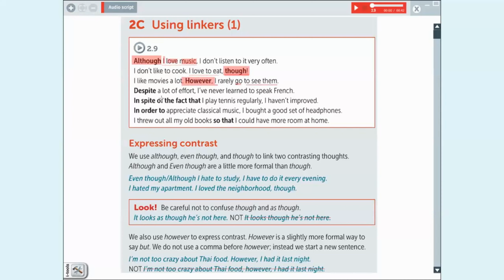This is not always like that. Despite doesn't have a clause. This has a noun, effort. In order to is not followed by a clause. It is followed by a verb. And so that, again, is used with a subject, verb, and then the complementary information.